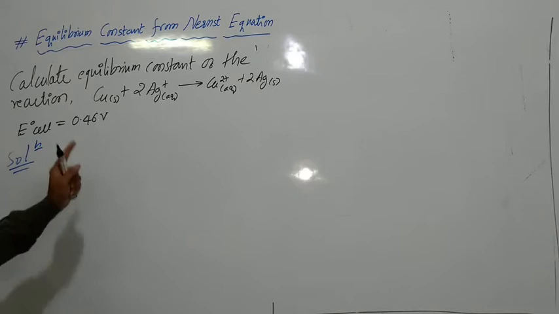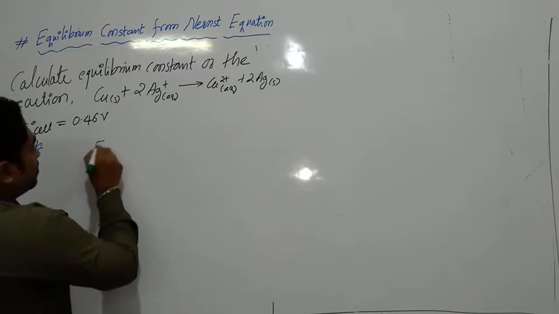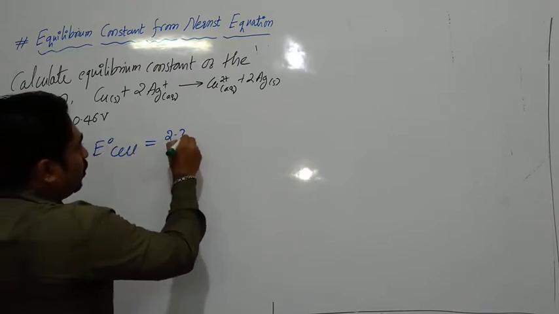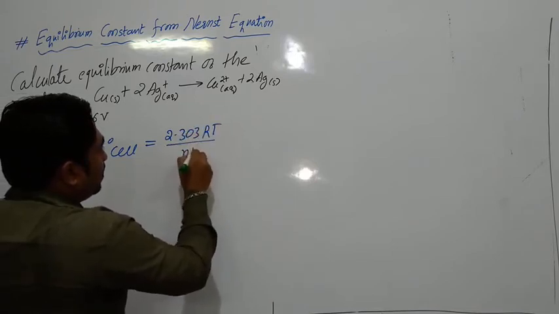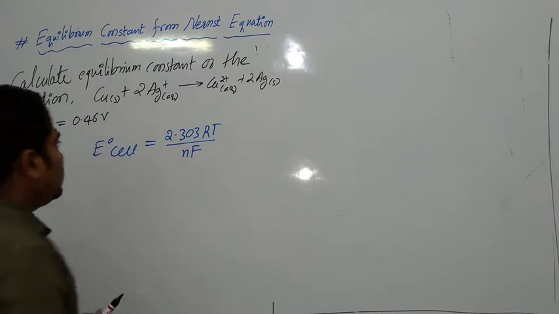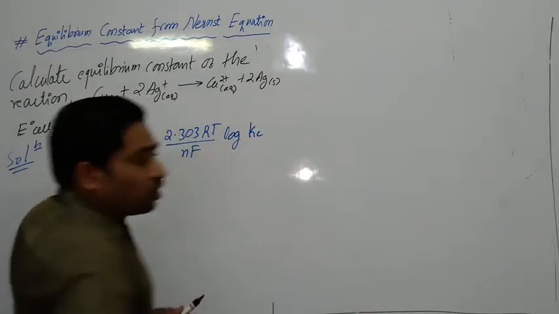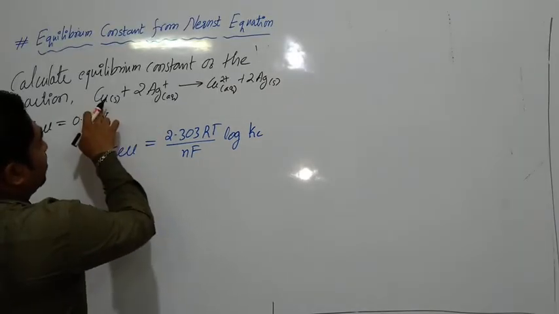So what is our formula to calculate the equilibrium constant by using the Nernst equation? That is E naught cell is equal to 2.303 RT divided by nF log of Kc. For this reaction, see here how many electrons are transferred?